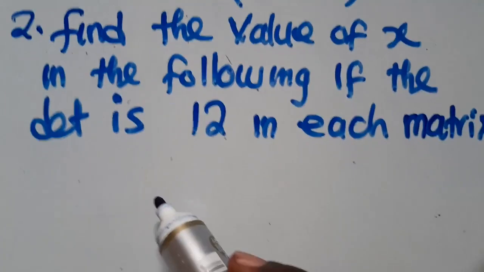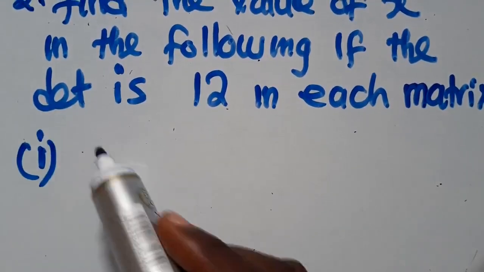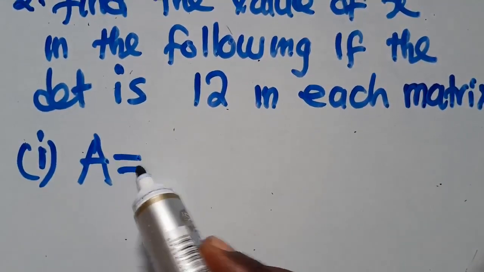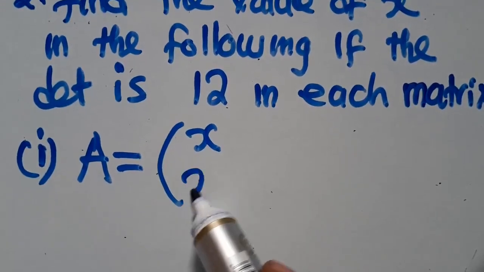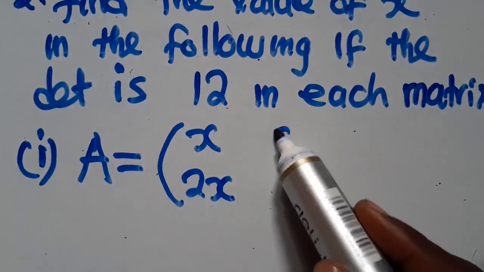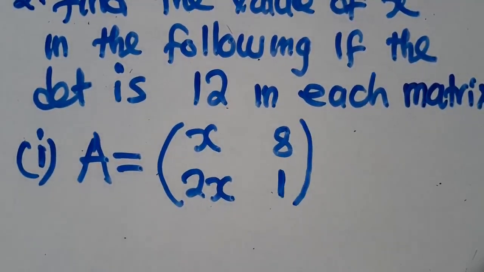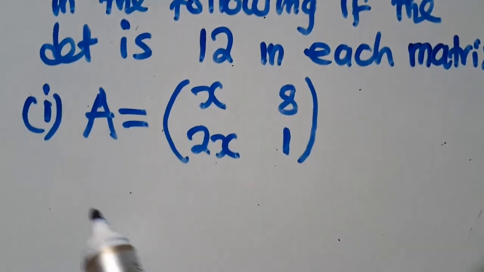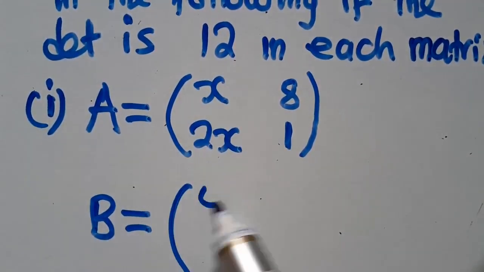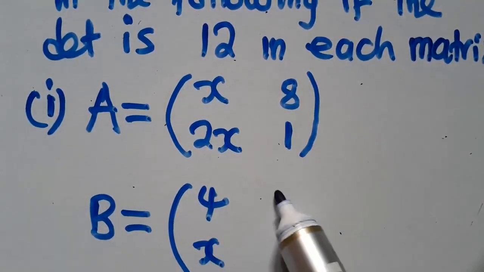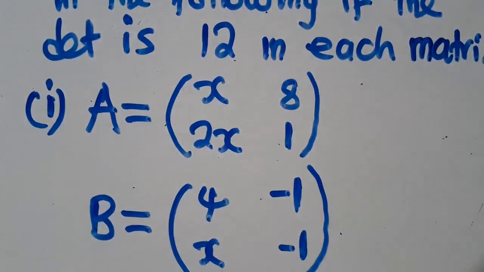So what's the first matrix? The first matrix that we are going to start with is this one. A is equal to x, here we've got 2x, there we've got 8, there we've got 1. This is the first matrix. We move to the second one. The second question is this one: 4x, -1, -1, like this.